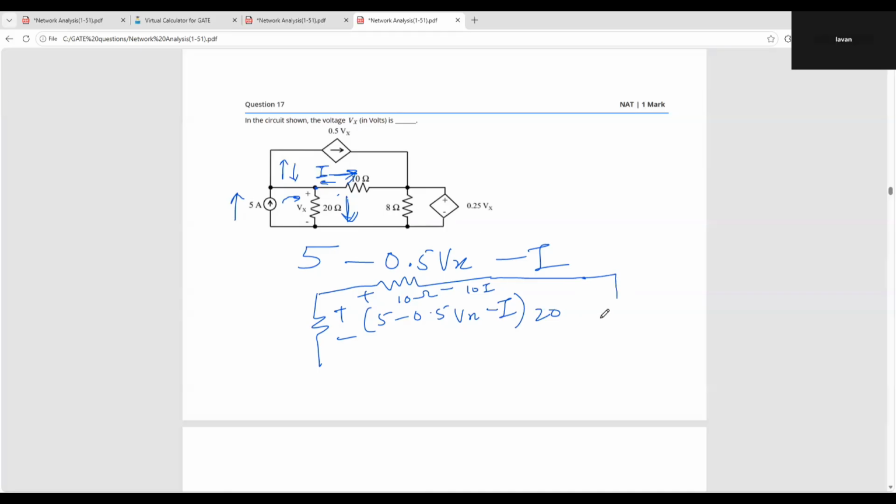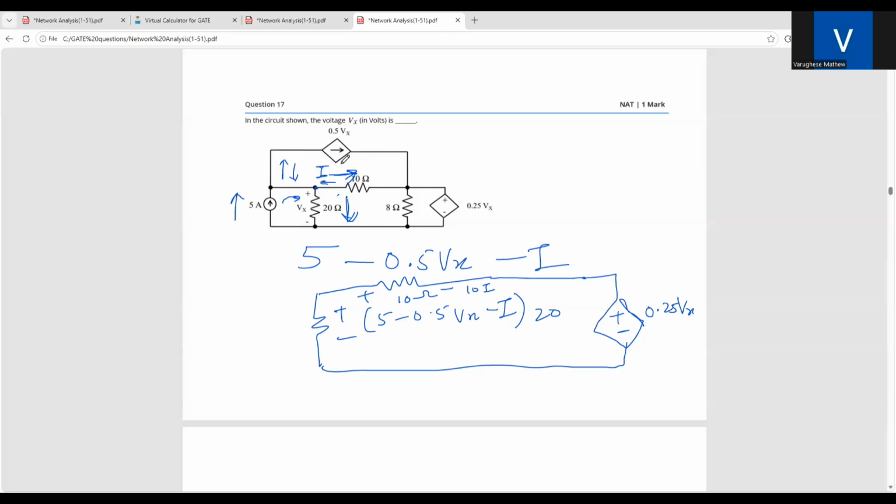Sir, measurements is a little confusing. Why? That current assumption on this. You don't know this current, so you assume it is I. You can assume this current, or this current, any one.